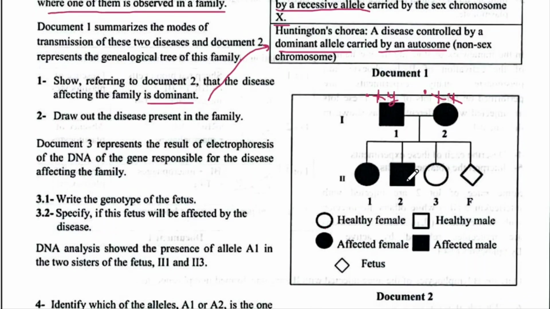For the kids, the affected female, the sister, would have the transmission of X affected from her father, and the second X affected from her mother.